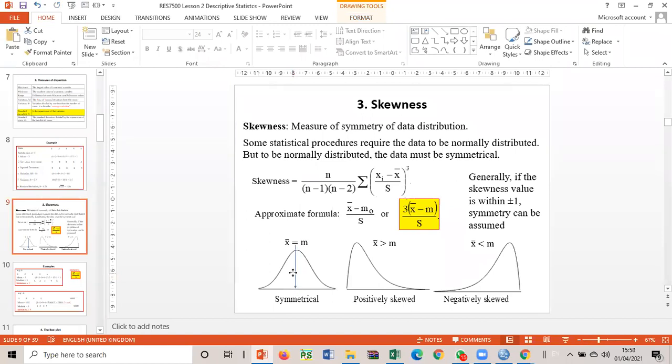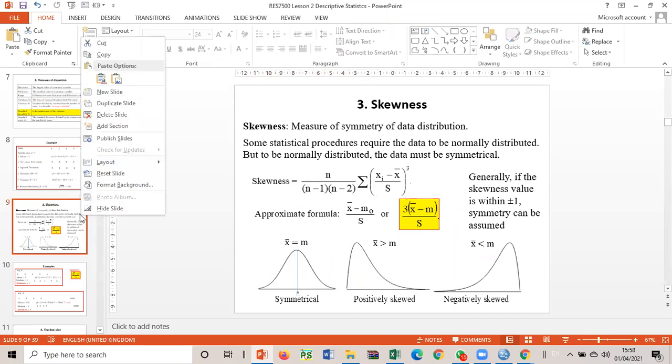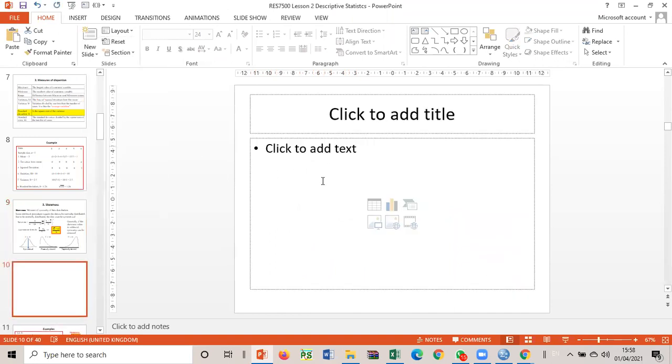What does the word symmetry mean? You take an axis and cut here, you get two equal halves. What about here? Normal distribution? No, not yet.